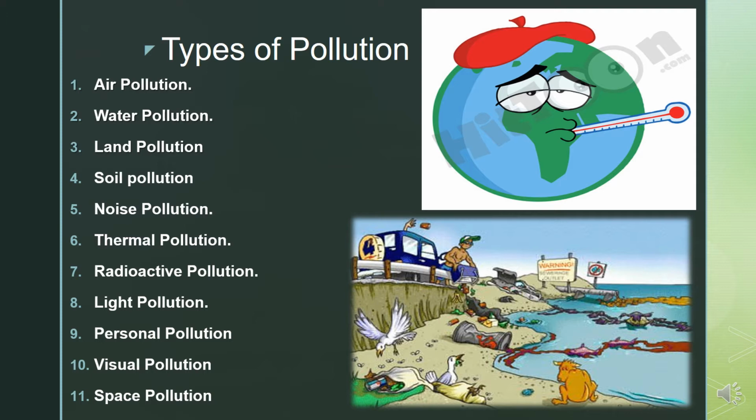Next one is land pollution. Land pollution refers to the degradation or deterioration of the surface of earth. It is mainly caused by direct or indirect activities of human beings. Fourth one is soil pollution. Soil pollution means contamination or reduction of the topmost layer of soil or land.